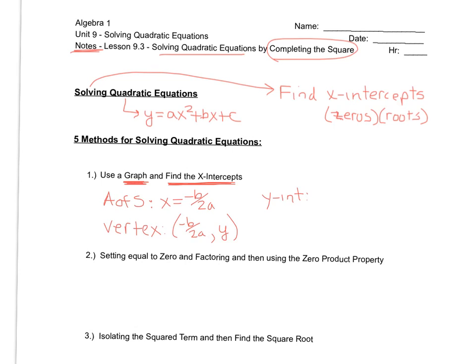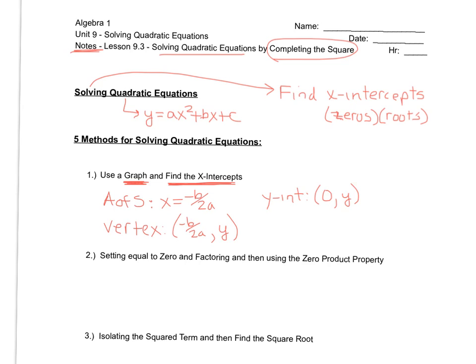And that is the easiest. You just substitute 0 in. You plug 0 in for x, and you'll get another y value. And you have to keep in mind, this y value is not the same as the vertex one. When you plug the first value in, you get a y value that's different than when you plug 0 in. I guess they could be the same, but not usually.